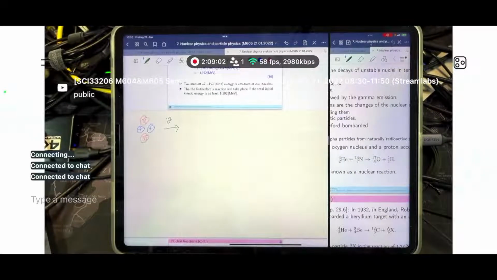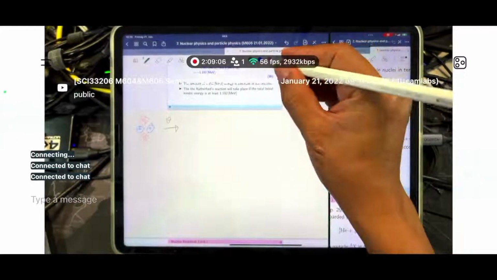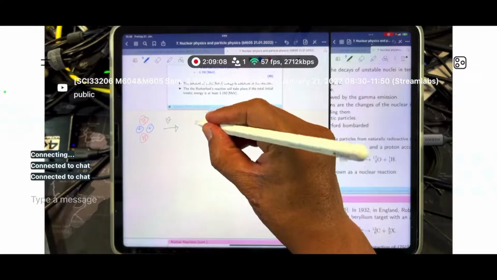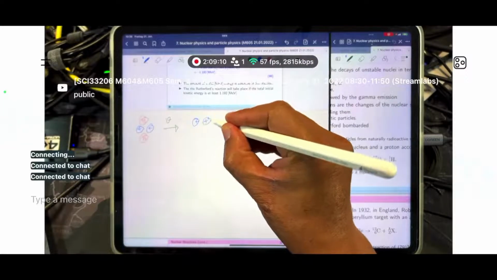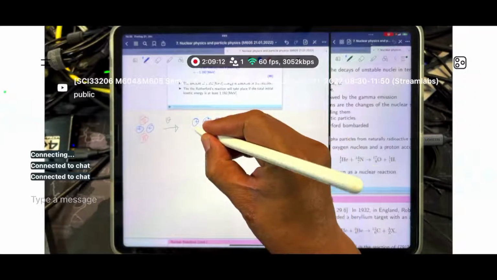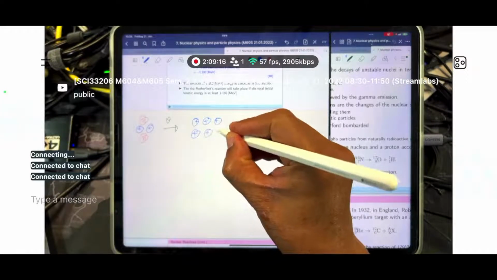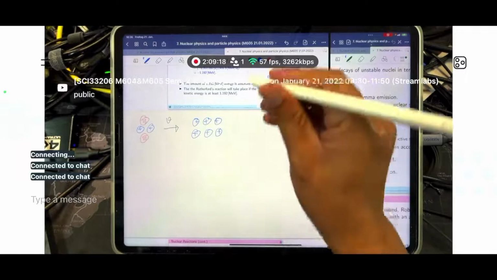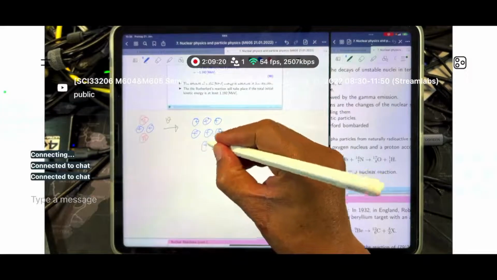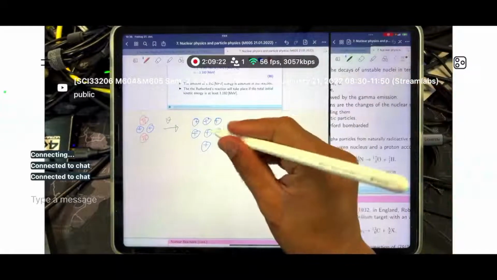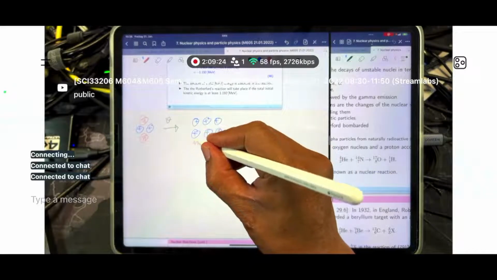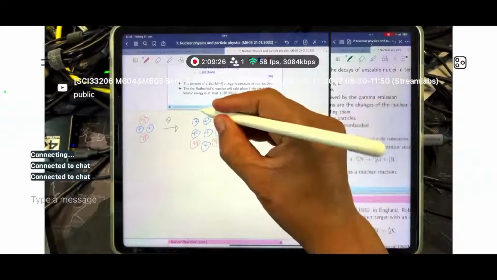It hits nitrogen 14,7. So we have 7 protons, and 1 more proton, and we have 7 neutrons. That's the nucleus of nitrogen 14,7.